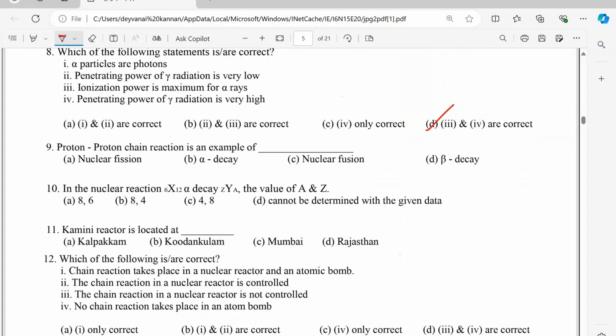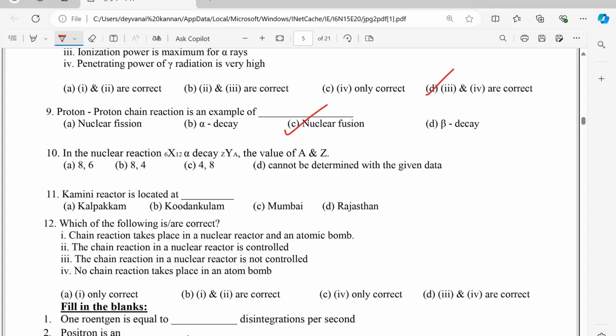Proton-proton chain reaction is an example of nuclear fusion. In the nuclear reaction, 6X12 gives alpha decay, Y Z A, the values of A and Z are 4, 8.